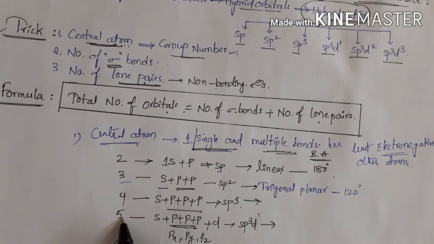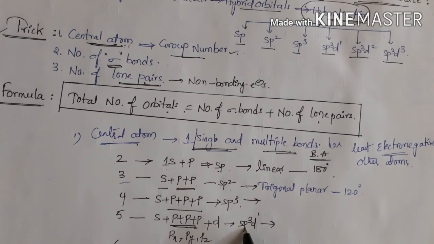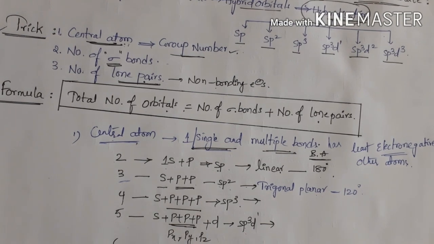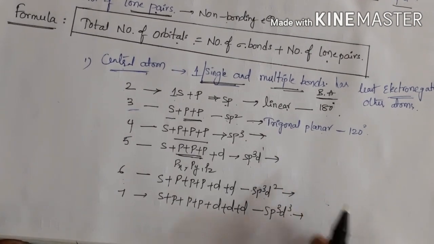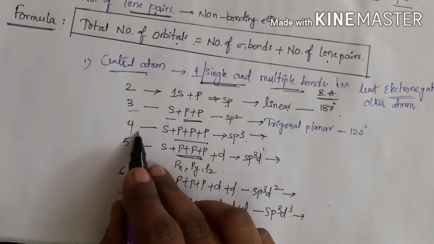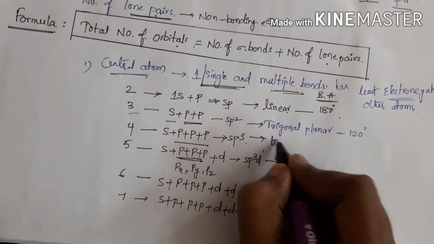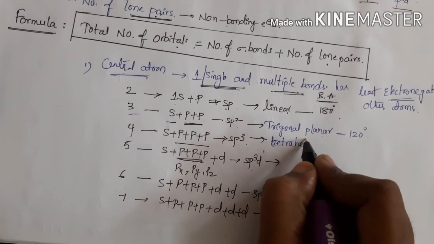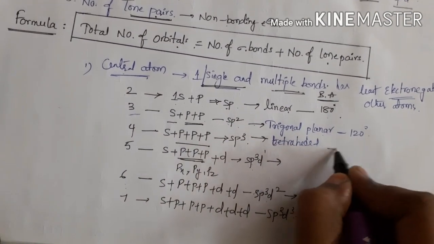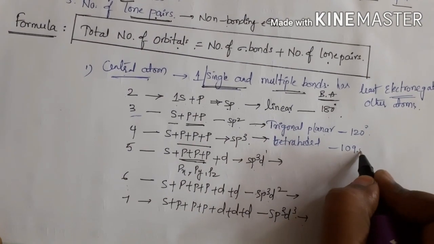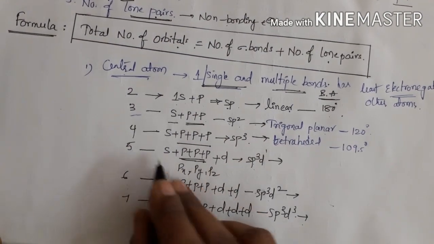If 4 orbitals are involved, it is sp3 hybridization; 5 orbitals, sp3d1; 6 orbitals, sp3d2; 7 orbitals, sp3d3. The geometry of the sp3 hybrid orbital is tetrahedral, and the bond angle is 109.5 degrees.